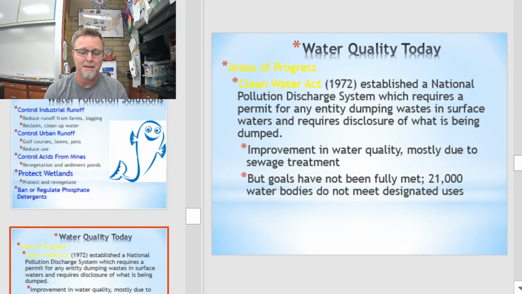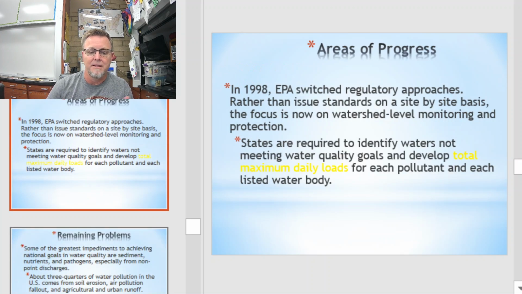21,000 water bodies do not meet the guidelines for designated uses. In 1998, the EPA switched regulatory approaches, and rather than issue standards on a site-by-site basis, the focus is now on watershed-level monitoring and protection.